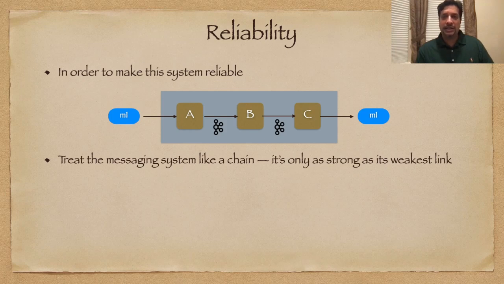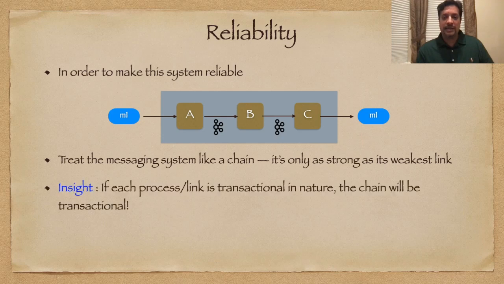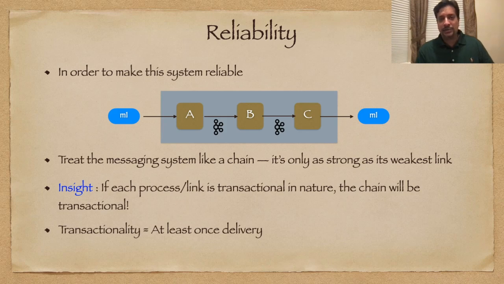And like any chain, it's only as strong as its weakest link. If each process or link is transactional in nature, this chain will be transactional. Now, my definition of transactionality is at least once delivery, since this is the most common way that Kafka is used today.